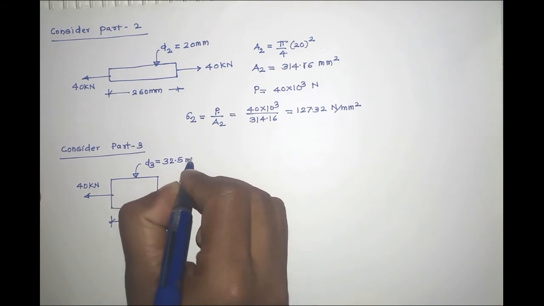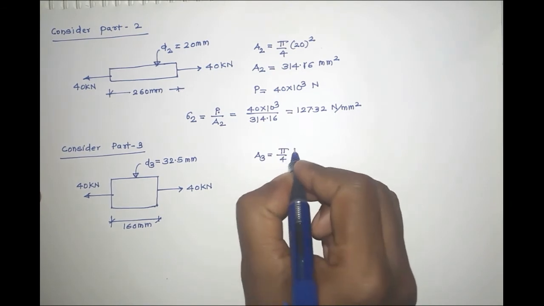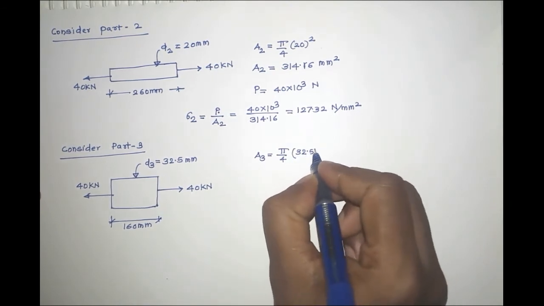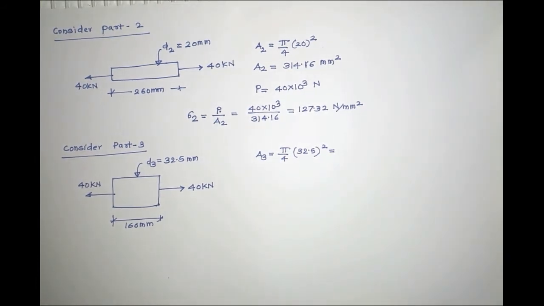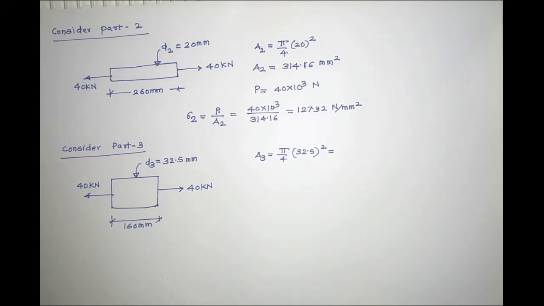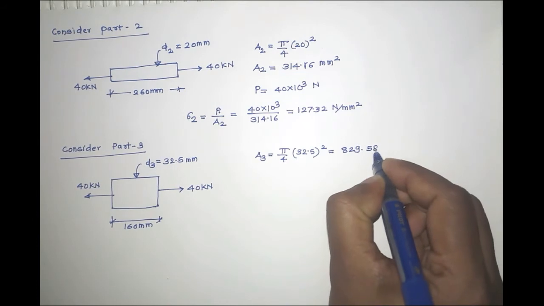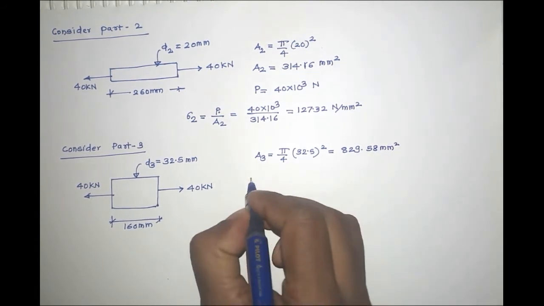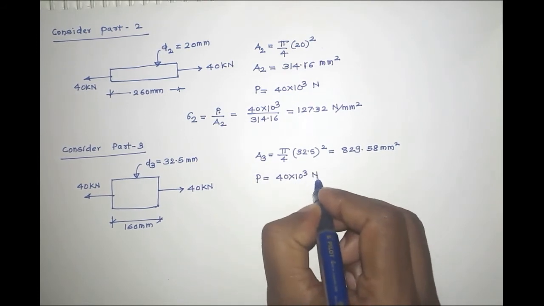The area A3 equals pi by 4 into 32.5 square, which is 829.58 millimeter square, and the load is again 40 into 10 to the power 3 Newton.